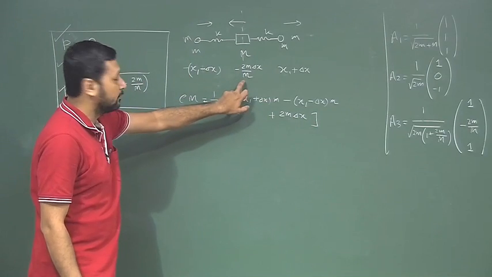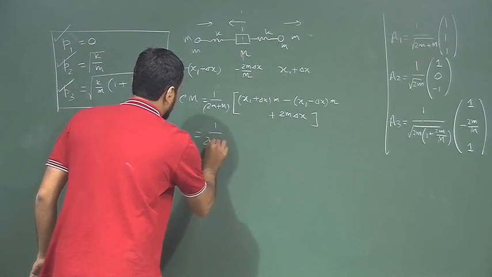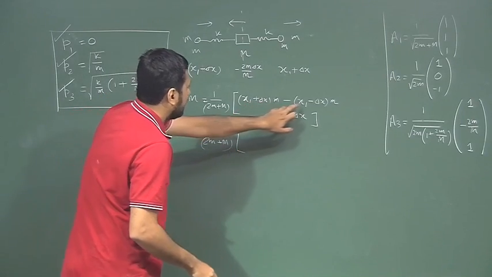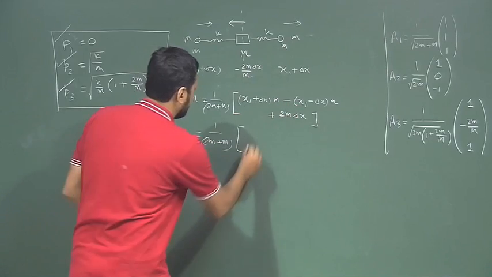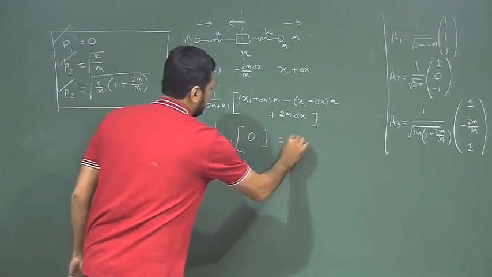This capital M and m will cancel out, and if you do that, after this, see, first term will cancel out, second term will cancel out. So, it will give you a 0 once again. So, it will be equal to 0.